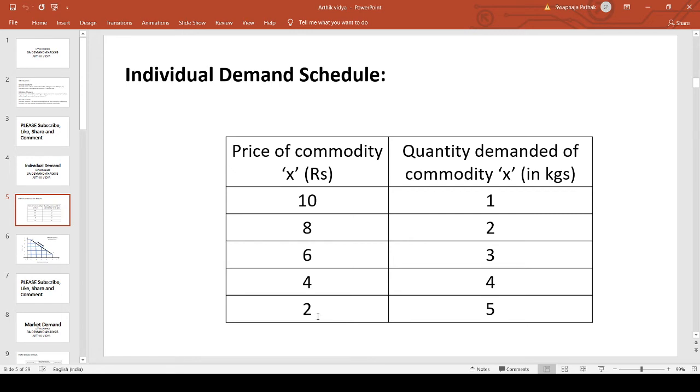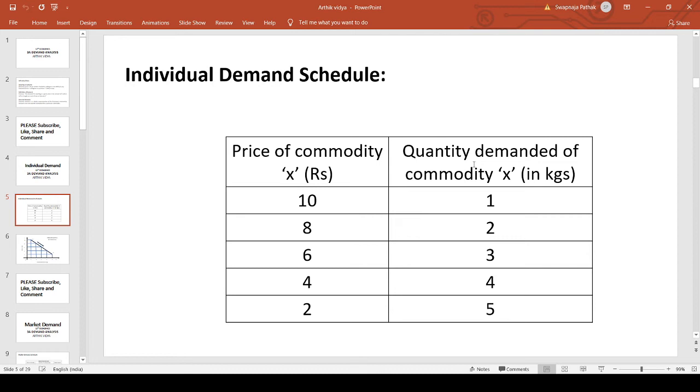It indicates an inverse relationship. The schedule shows the inverse relationship between price and the quantity demanded.